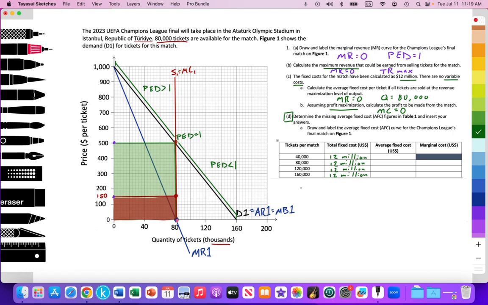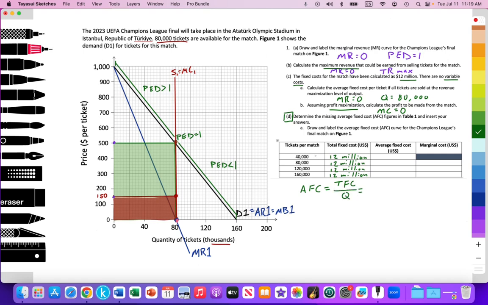First, we need to know that average fixed cost is a formula. You do not get a formula sheet on the exam. You have to know this. It's a formula of total fixed costs divided by the quantity of output.